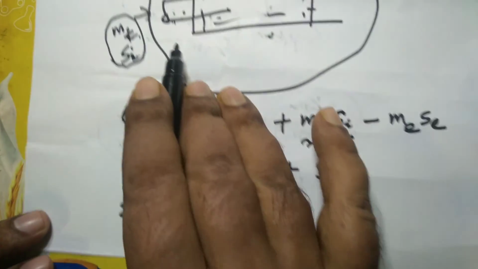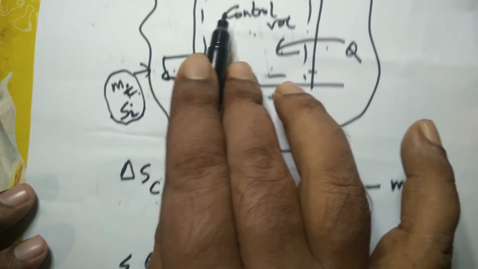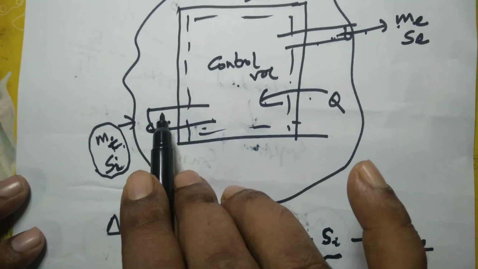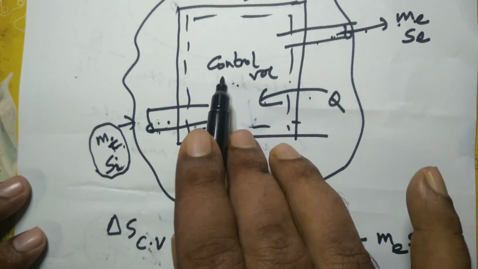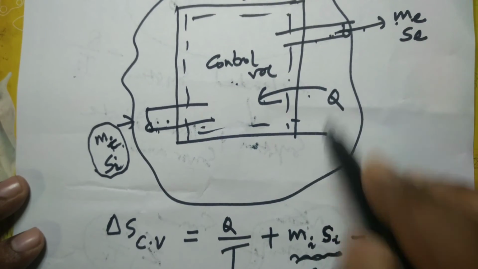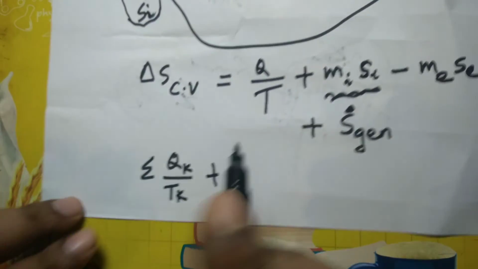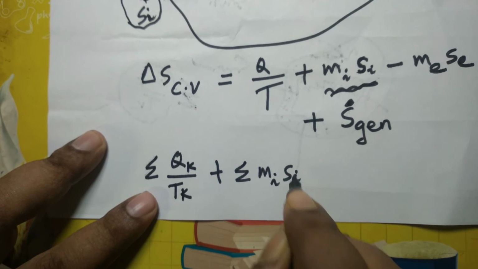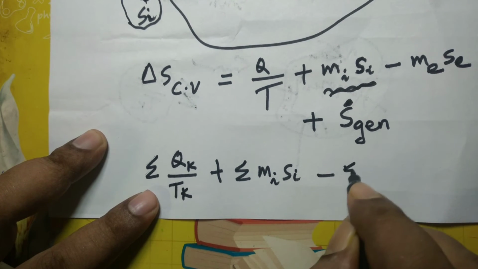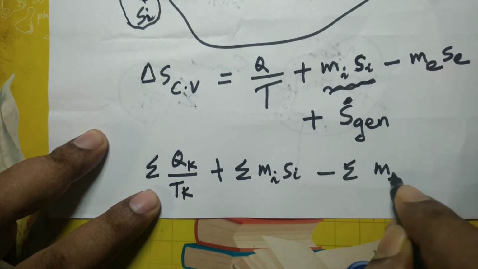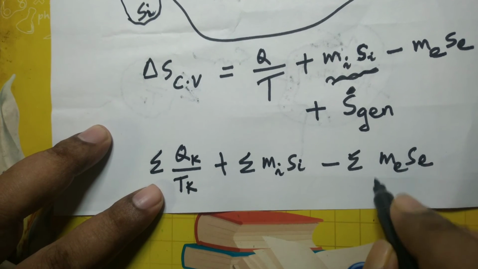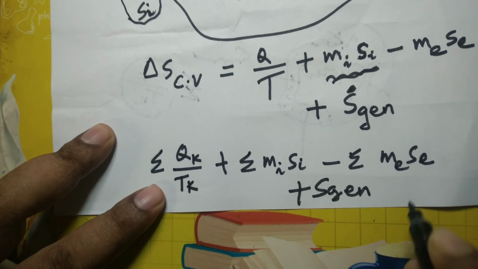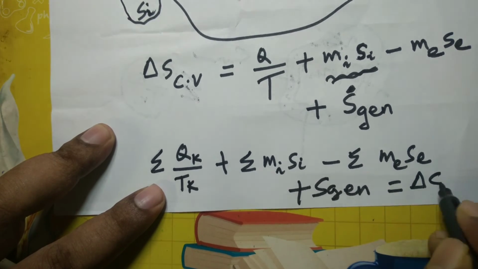And if instead of a single stream of fluid entering the control volume and a single stream leaving, there are multiple streams entering and multiple streams leaving, then the equation will be like this: sigma mi si minus sigma me se plus S gen is equal to delta S CV.